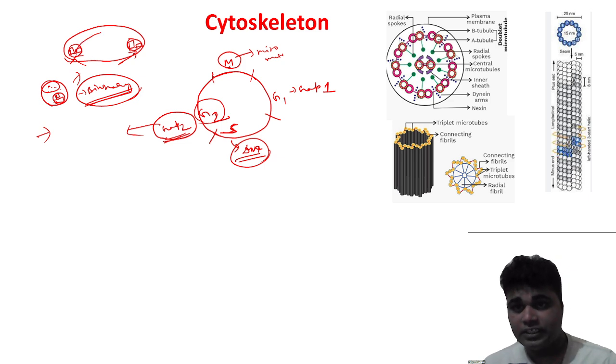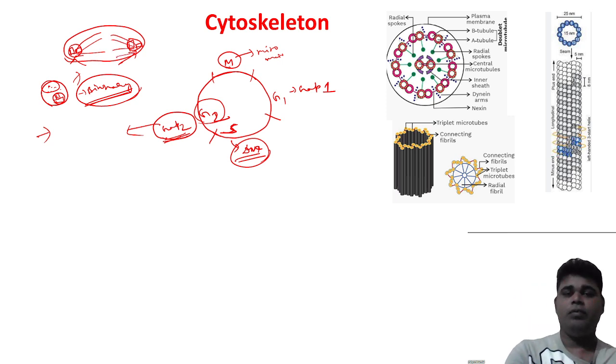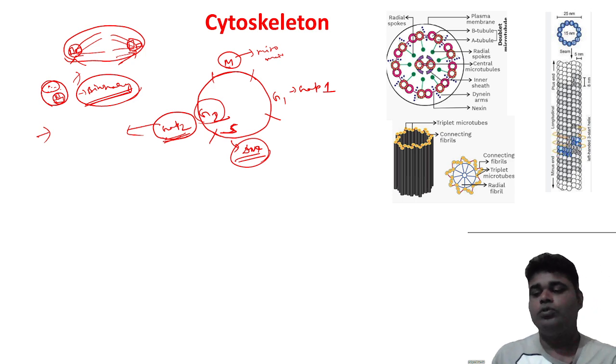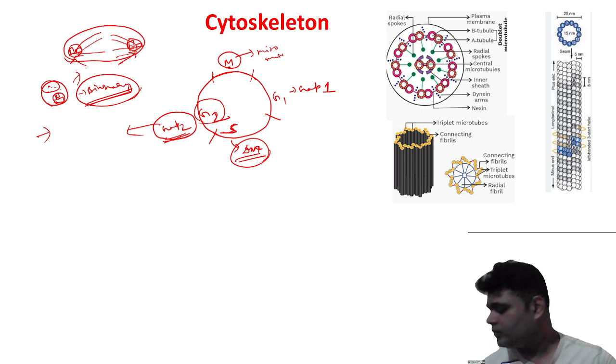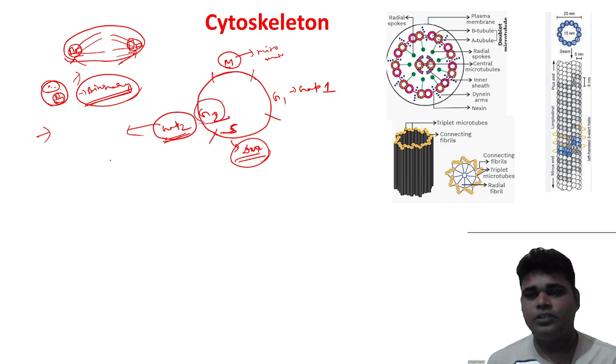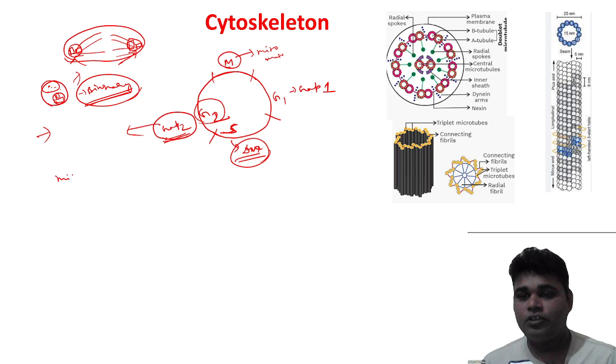Now the spindle fibers are formed. So this is all about the centrioles and centrosomes. Now come to the function of the cytoskeleton, or the function of the microtubule.